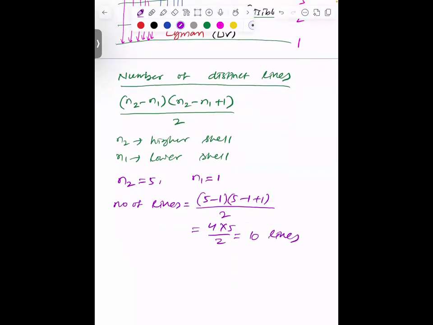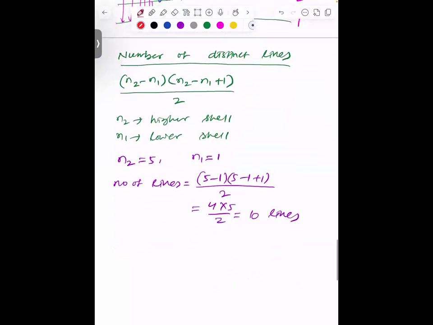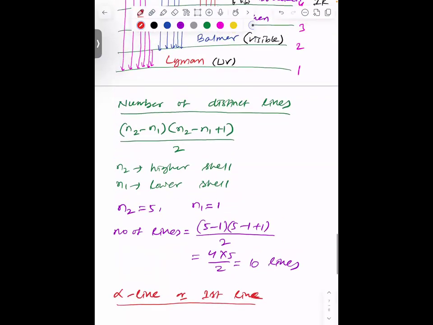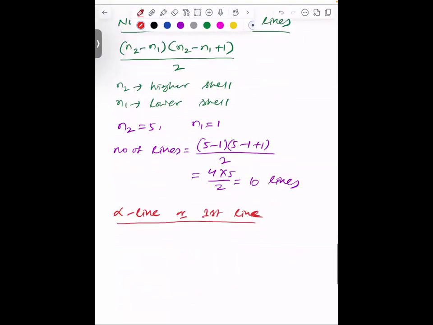Next, we'll discuss what is alpha line, beta line, and gamma line. Alpha line or first line. Friend, if you observe in Lyman series, which transition is coming from the nearest shell? In Lyman series, it is nothing but 2 to 1. The transition 2 to 1 is the nearest one.